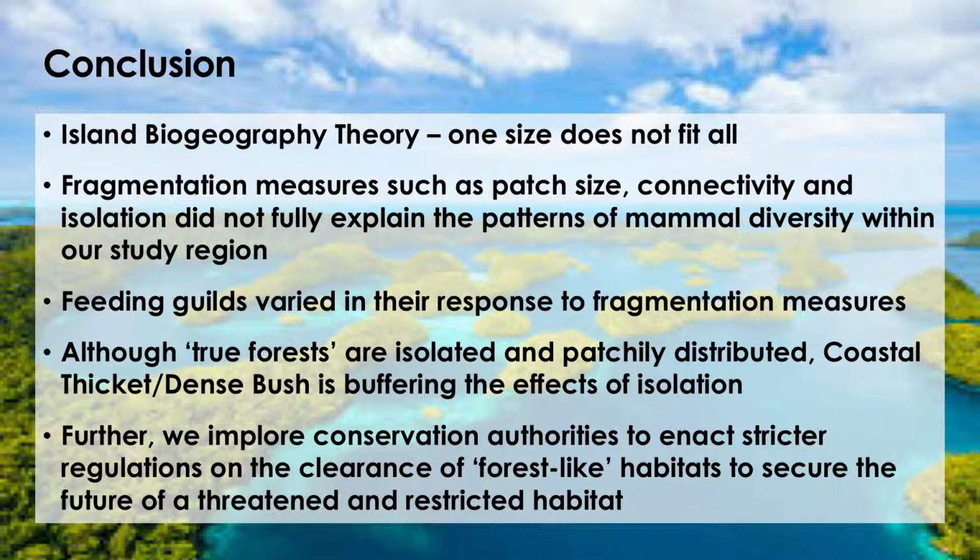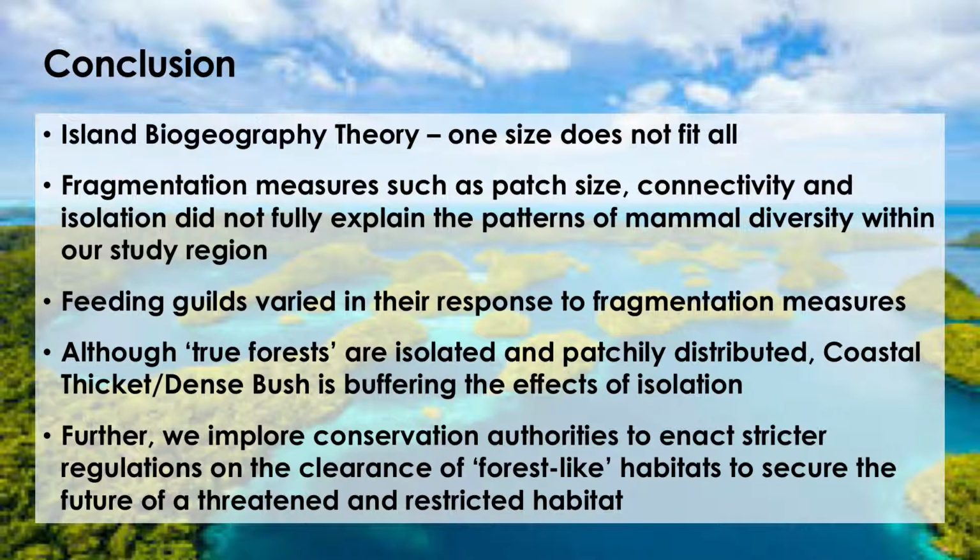The fragmentation measures such as patch size, isolation distance, and connectivity did not fully explain the diversity measures that we tested. And this is perhaps because our feeding guilds varied in their response to fragmentation measures. We also cannot exclude the impacts of the surrounding matrix, so the different land use types, and then specifically the habitat type.